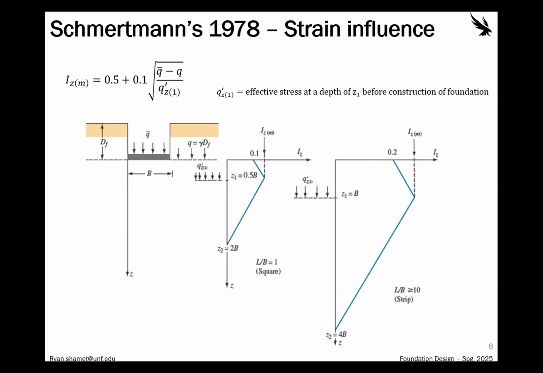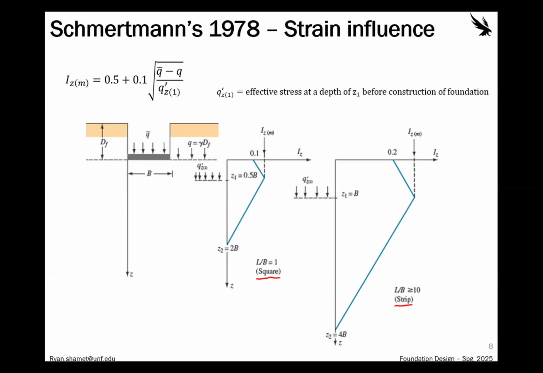All right, so for the strain influence, the trickiest part of this is that the influence is going to change based off of the footing type. Now, hopefully this makes sense. When we're talking about influence, we're talking about the depth at which the soil is affected due to the foundation.